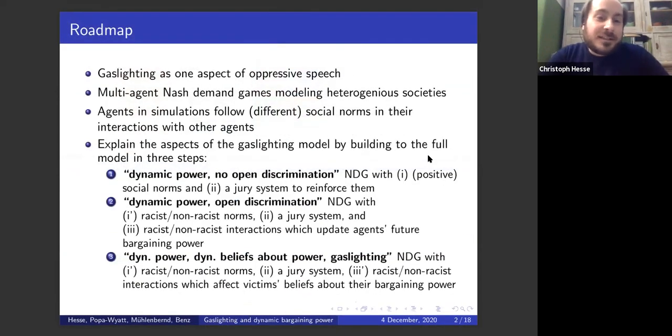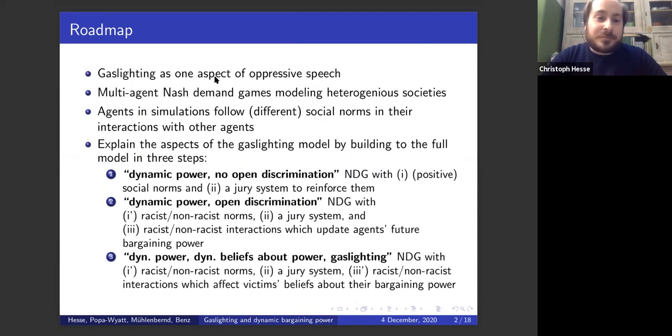So here's a quick roadmap for what's coming up. We're going to look at a Nash demand game model of gaslighting, gaslighting being kind of a proxy for oppressive speech.